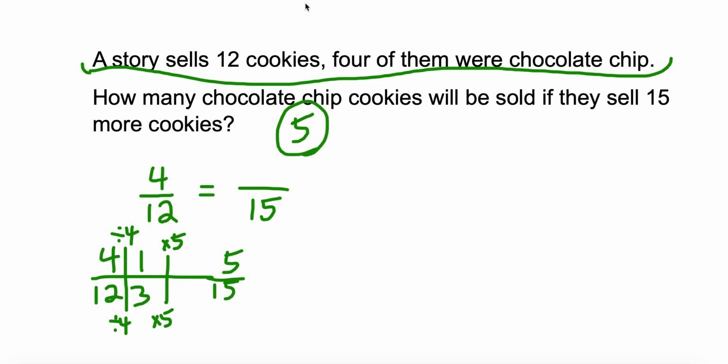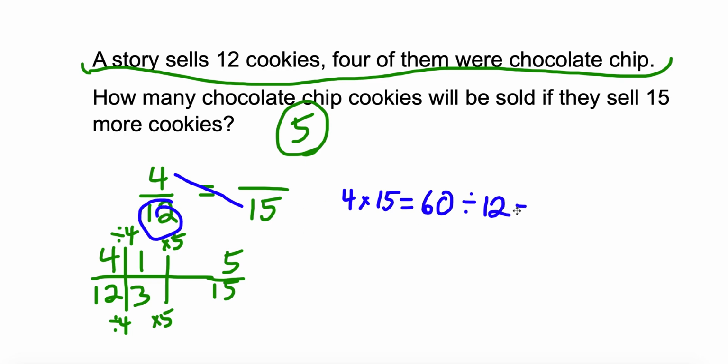Or you might remember the cross product, where you take the two numbers across from each other and multiply them. So you take 4 times 15, and that will give you 60. And then you take 60 divided by 12, because that's the other remaining number here, and that will also get you 5. Or some of you like to do the simplify method, where you take 4/12 and you're like, hey, I can simplify that.